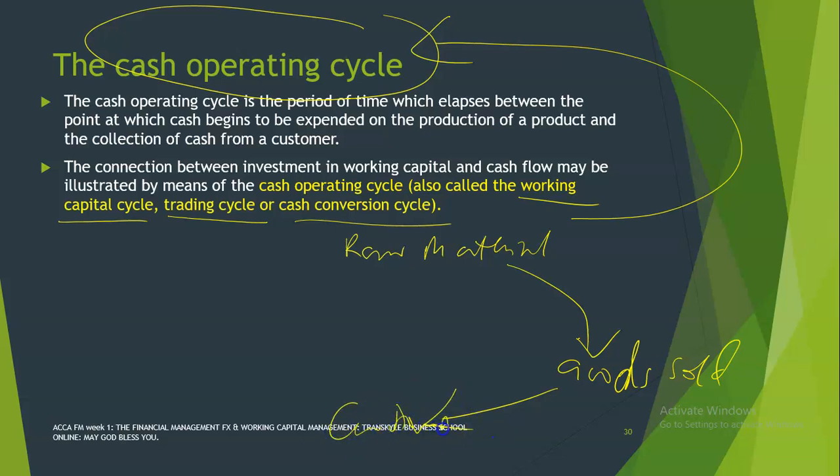Customers pay, and then we pay our suppliers, and the cycle goes on and on. So we are worried as finance managers to understand how long this period should be. That's the idea behind the cash operating cycle.